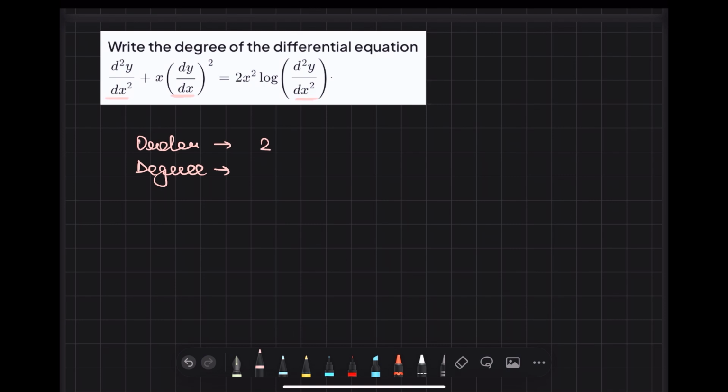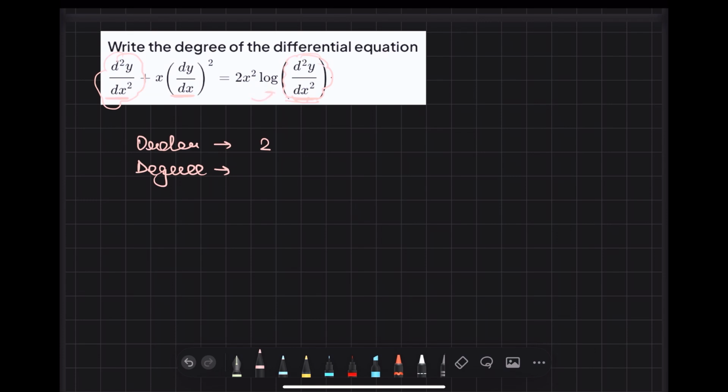If you observe, you have this thing inside log. This thing is independent, but this thing is inside log. If you try to convert this into polynomial, you will struggle. The differentials cannot be inside someone's argument.